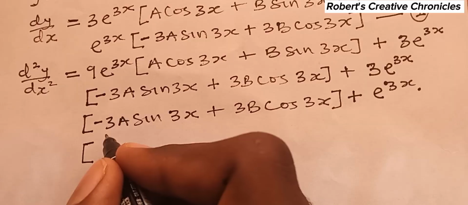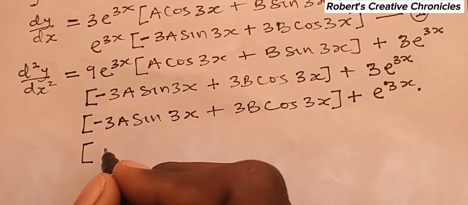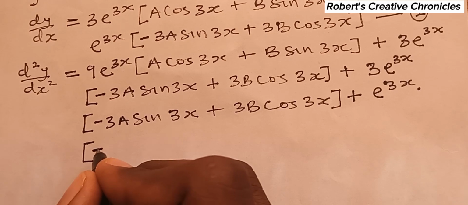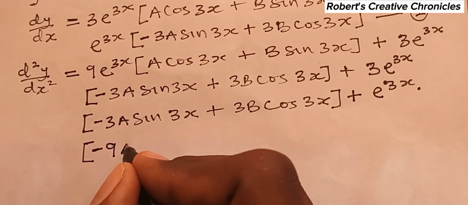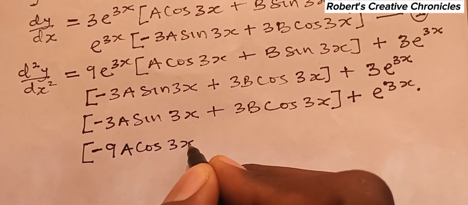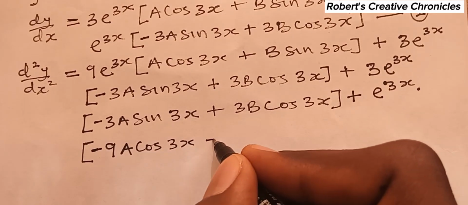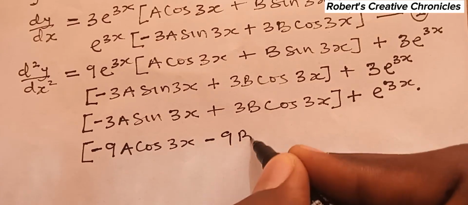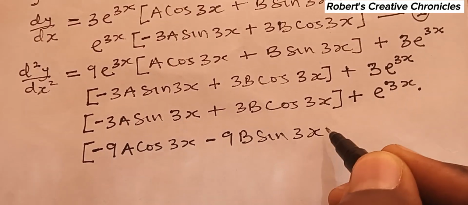Now derivative of this is what? Minus 9a cos 3x minus 9b sin 3x.